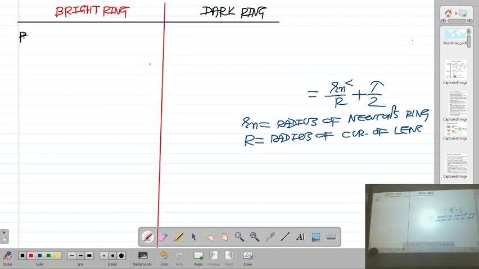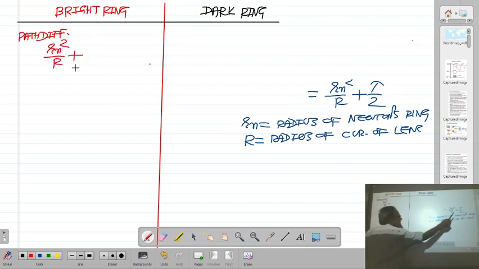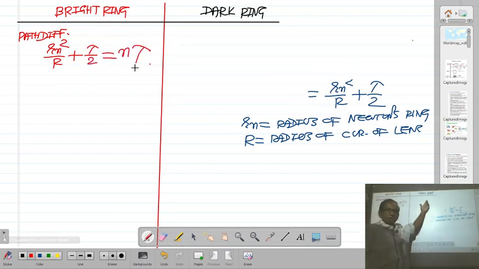Path difference, small r square upon capital R plus lambda by 2, is equal to n lambda.